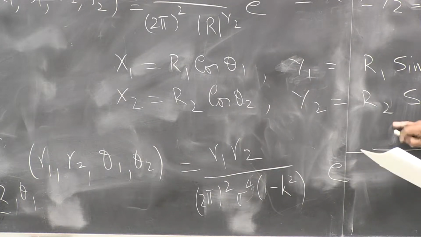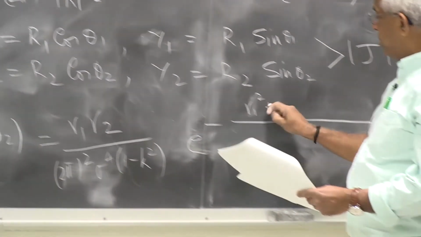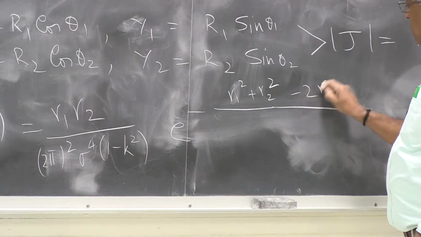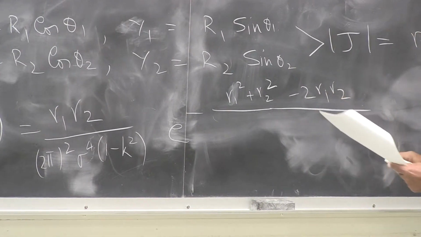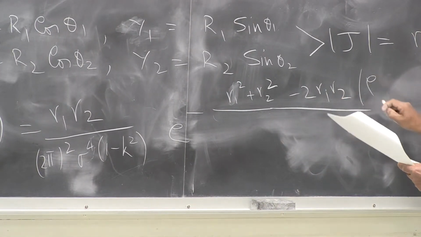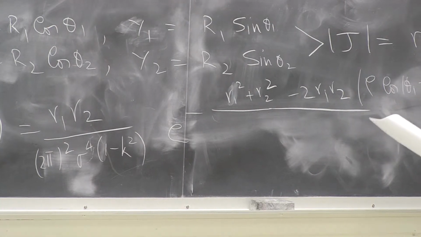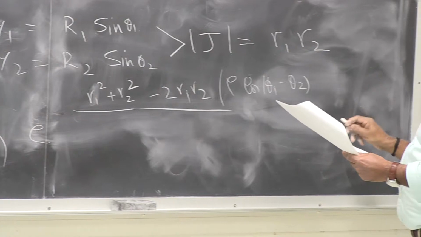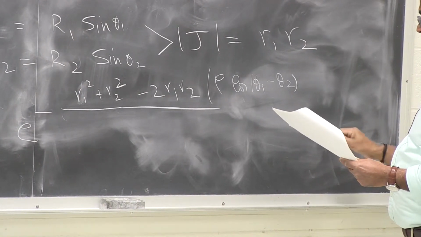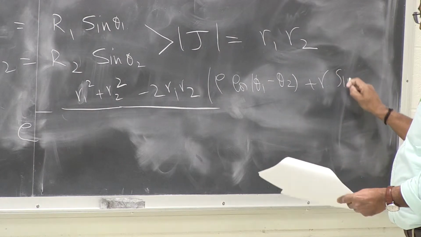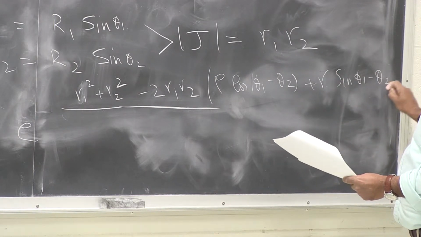the numerator, which is going to be r1 squared plus r2 squared minus 2 r1 r2 rho cos of theta 1 minus theta 2, and by substituting here, plus gamma sine of theta 1 minus theta 2.